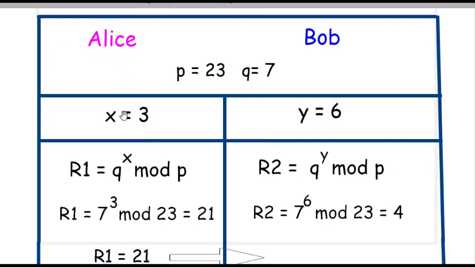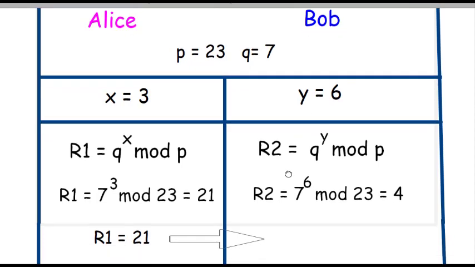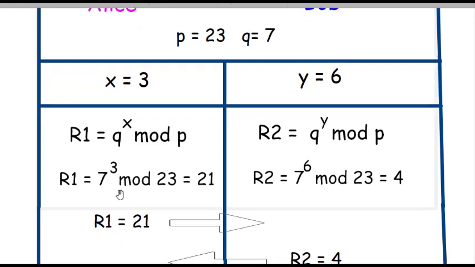Then Alice selects her private number X equal to 3, and Bob selects his private number Y equal to 6. The next step is Alice calculates R1 using the formula Q raised to X mod P. So R1 is equal to 7 raised to 3 mod 23, and we get the answer 21. So R1 is 21, calculated by Alice.